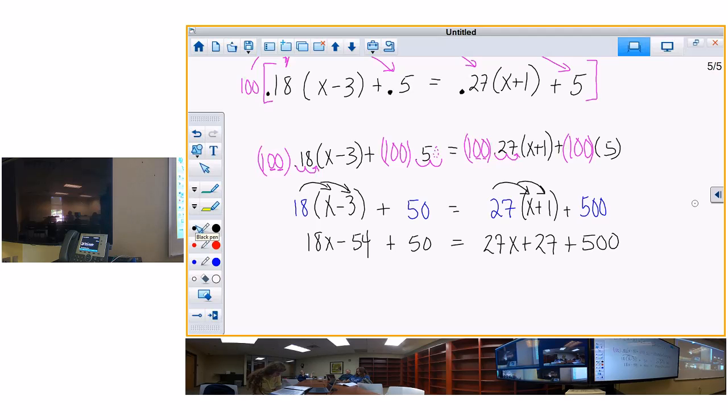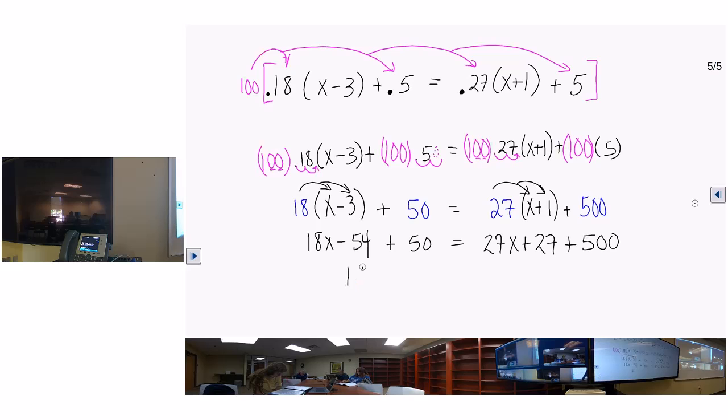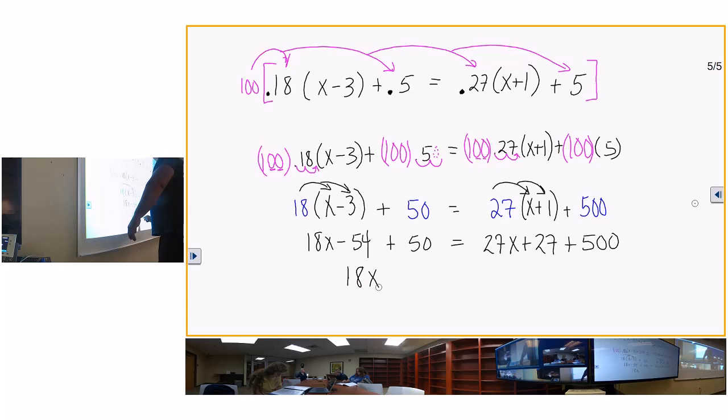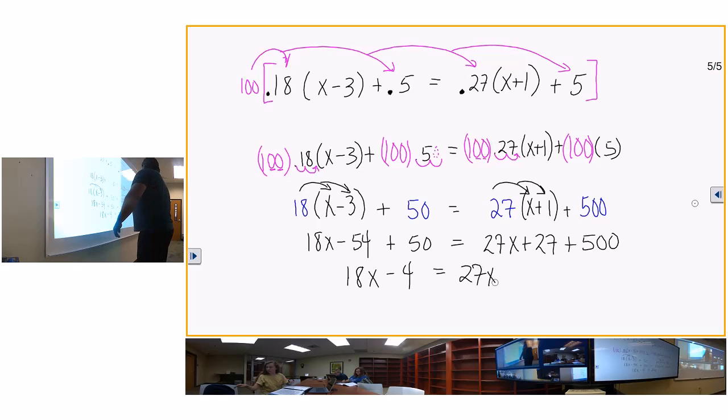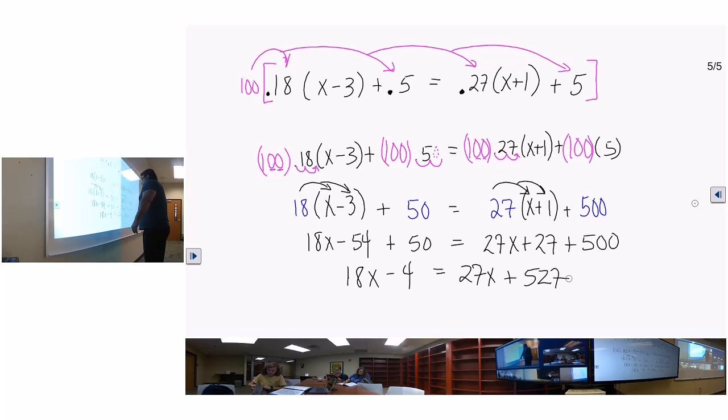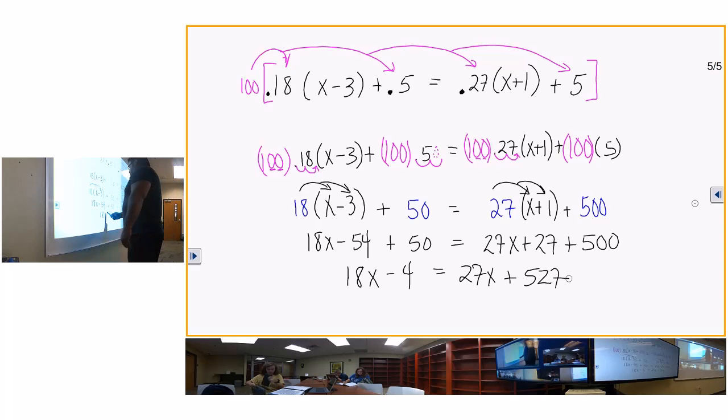All right, what is negative 54 plus 50? Negative 4. Negative 4, good job. Equals 27x. Oh, I don't know, somebody might need to punch that in the calculator. I'm gonna bring the 18 over across the river.